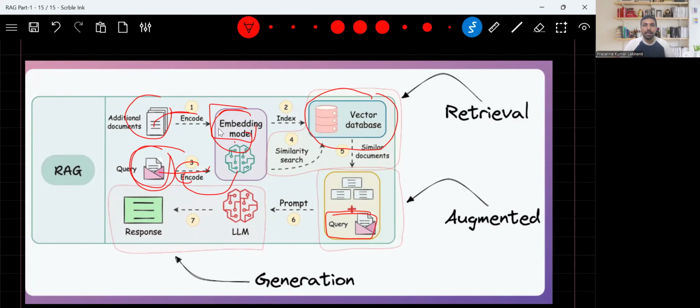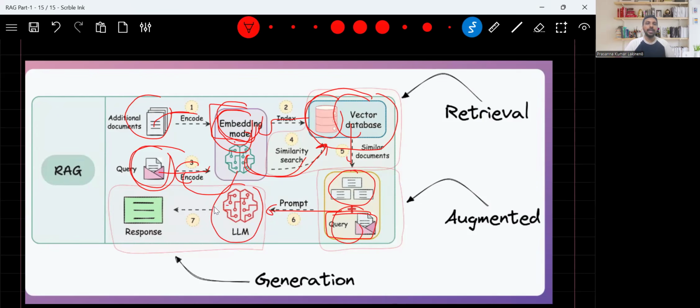Now, the vectors embedded using the embedding model will be indexed in the vector database. Now this query will check for similar vectors. Those similar documents, that means the context according to the query, and your query will be sent as a prompt to your LLM.